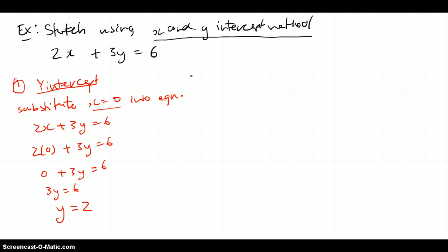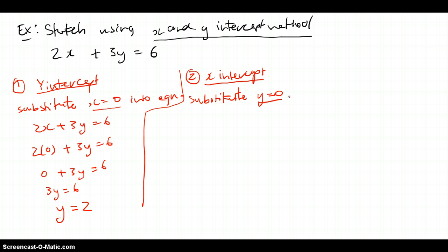The next step, step 2, find the x-intercept. The way we find the x-intercept is by substituting y equals 0 into the equation. So we have 2x plus 3y equals 6.